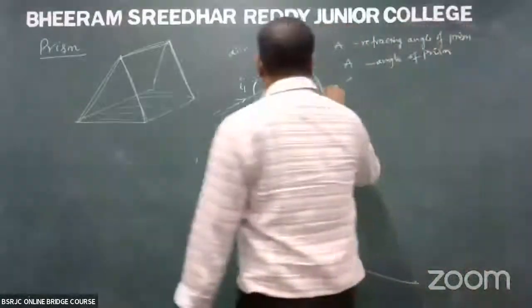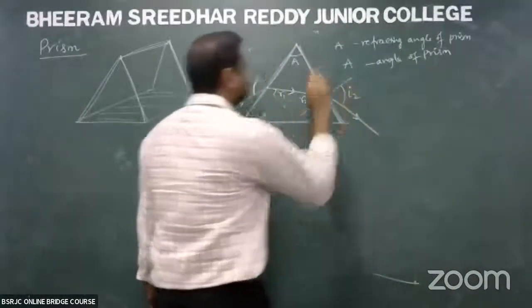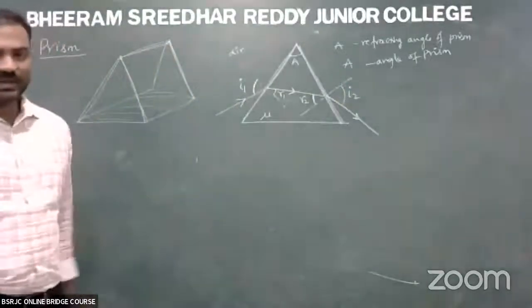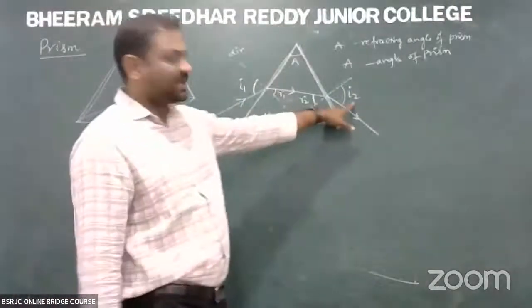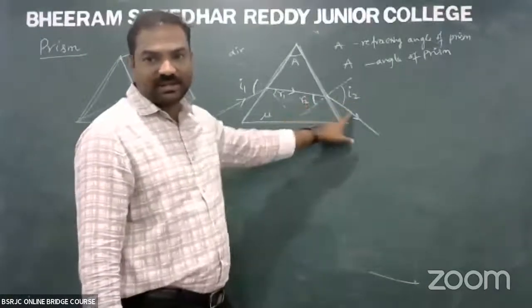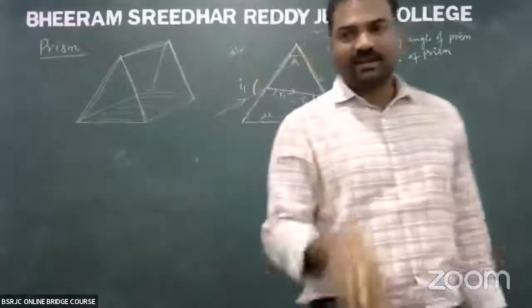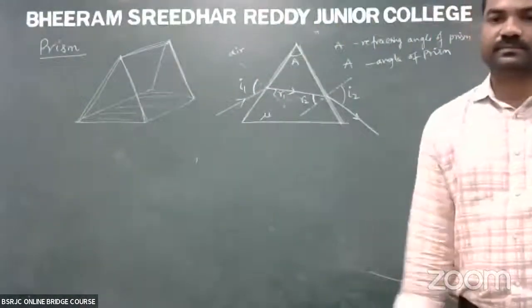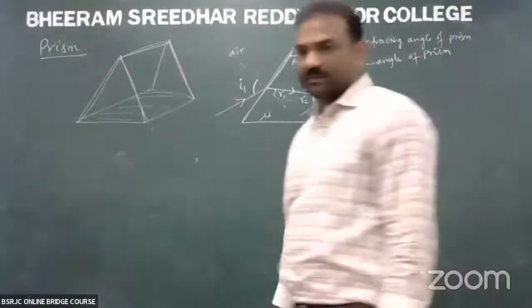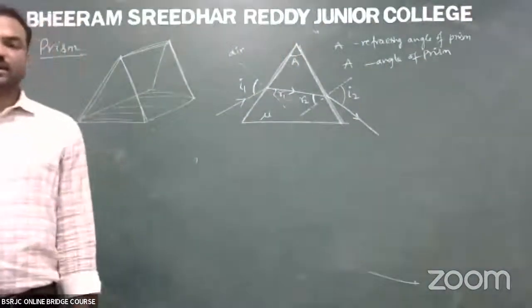Now the ray will come out with more angle. This is the angle of incidence and this is the angle of emergence. We changed the terminology. Correct. The angle between the refracting surfaces of the prism is called the angle of prism.